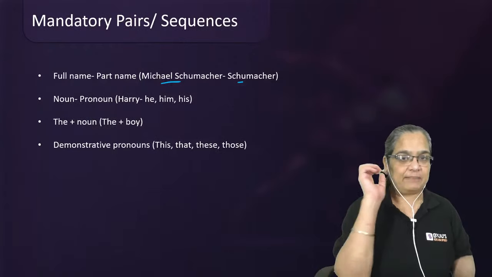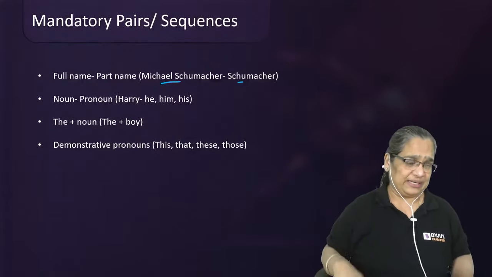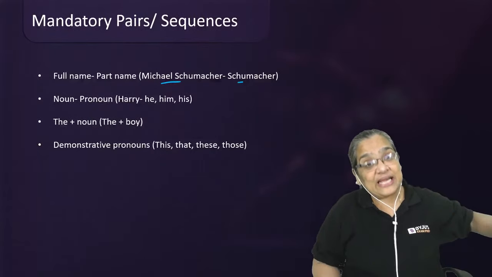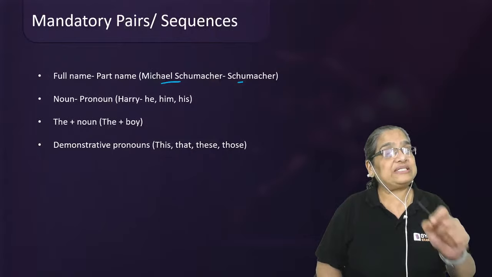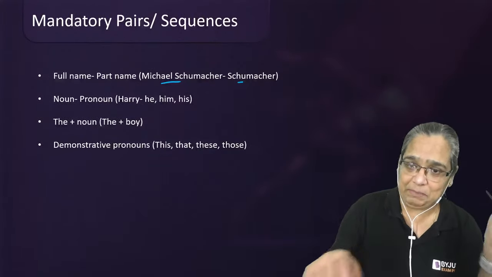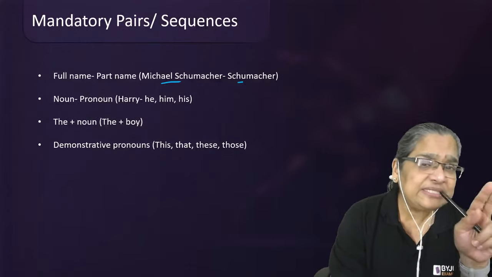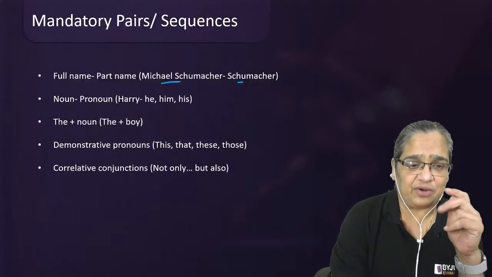Very important: demonstrative pronouns. This, that, these and those. 'It is this attitude that is wrong.' 'It is these functions that help somebody do something.' The moment you see this, that, these and those, again start looking for an antecedent so that you can get a mandatory pair: two sentences which have to go together, B and C have to go together, B has to come before C, those kinds of rules.